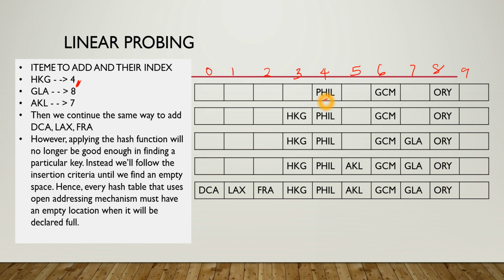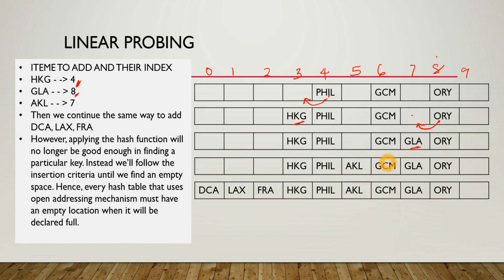Okay, so we decrement by 1 and then probe to know if something is already here. When we noted that something is not here, we placed our HKG. In the next iteration, we noted that GLA evaluated to 8, so we go to index position 8, and we saw that something is already there, so we go backwards by decrementing the index value, and we saw that 7 is empty, so we place our GLA.